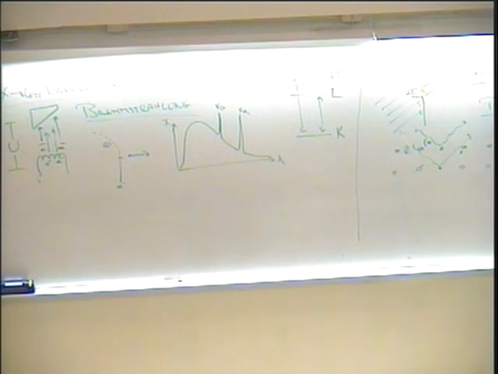If instead of having this detector here, we just looked at the wall and treated the wall with some X-ray sensitive paint, then we'd see a traditional diffraction pattern. So we'd see something that looks like this.